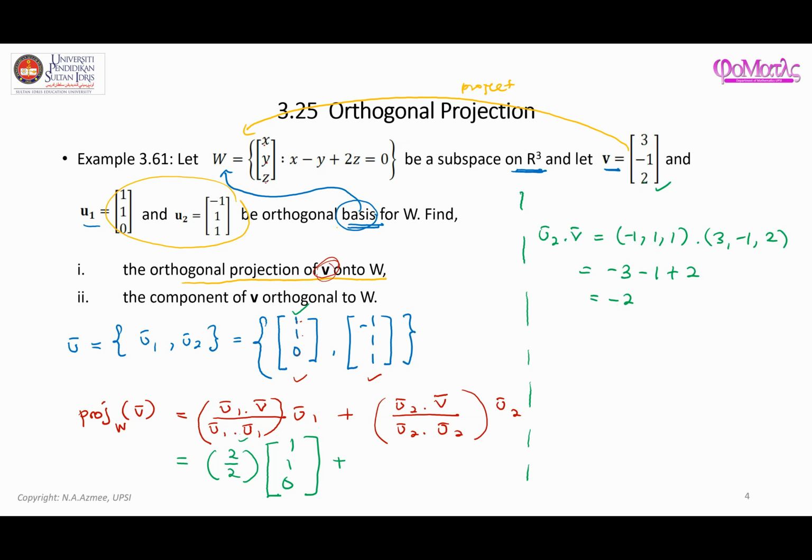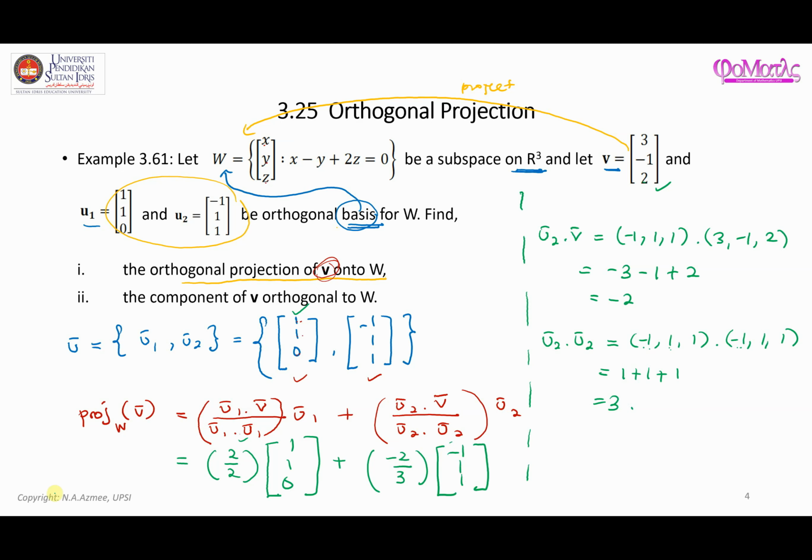Then the denominator is the dot product of u2 and itself, negative 1 1 1 with negative 1 1 1, so it will be 1 plus 1 plus 1, the sum of the multiplication of each component. So we have 3. Therefore we substitute the values: negative 2 over 3, and vector u2 is negative 1 1 1.